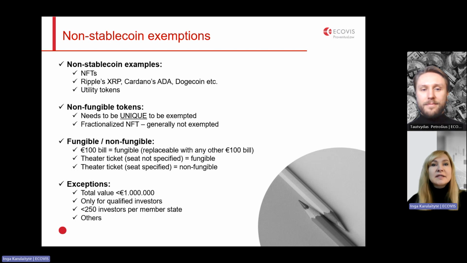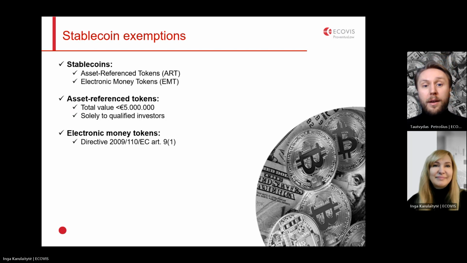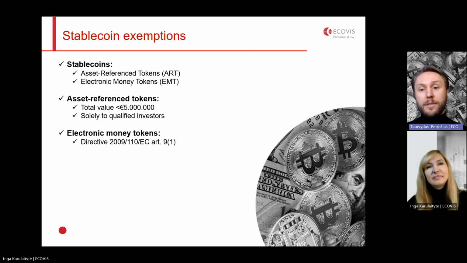And now we will discuss the exemptions for the stablecoins. Okay, so jumping into stablecoins. In terms of stablecoins, the exemptions are quite narrow compared to non-stablecoins. So let's say ART issuers, for example, may be exempted from the authorization process if the token's value does not exceed 5 million euros, or if the tokens are offered only to qualified investors.